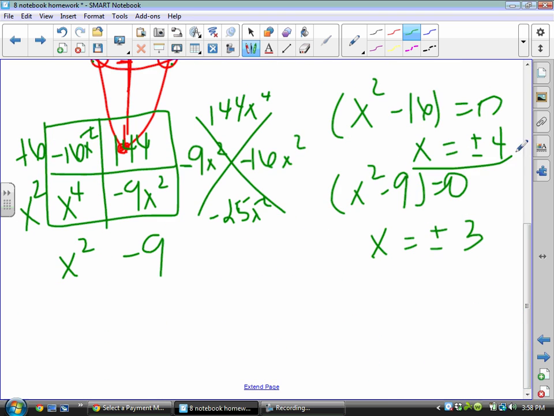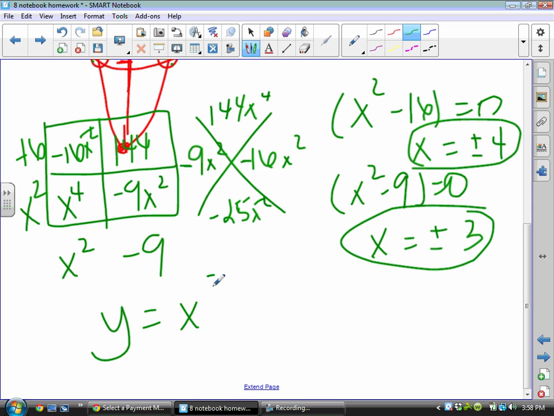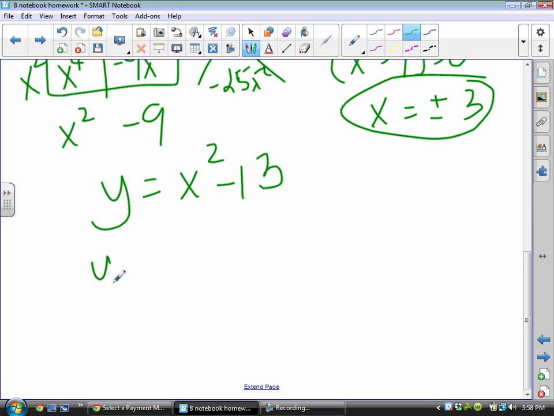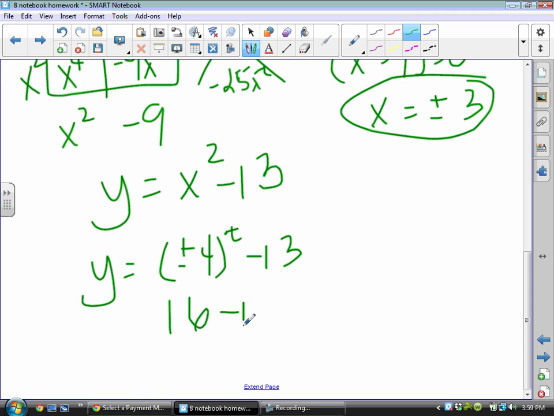I'm going to plug these into one of my equations, and I think the easier one was the parabola. So y equals, let's say plus or minus 4 squared minus 13. Either way, I still get 16 minus 13, so that point would be plus or minus 4, comma 3.